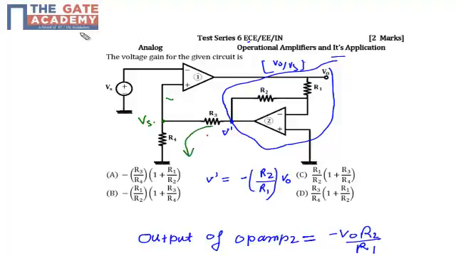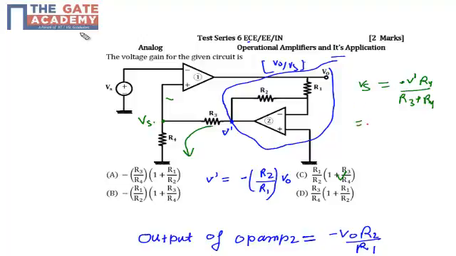So I can apply the voltage divider here. My Vs will be equal to V dash times R4 by R3 plus R4, where V dash is nothing but minus R2 by R1 times V0.